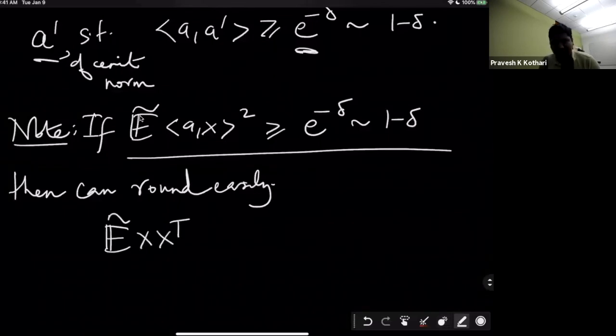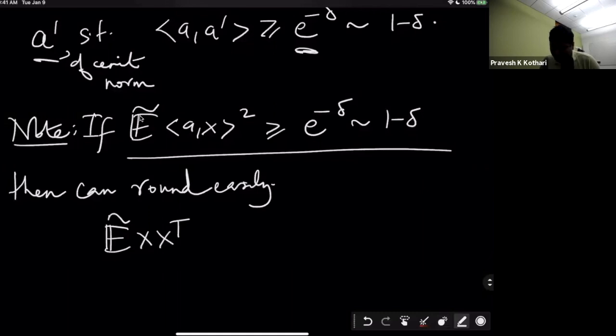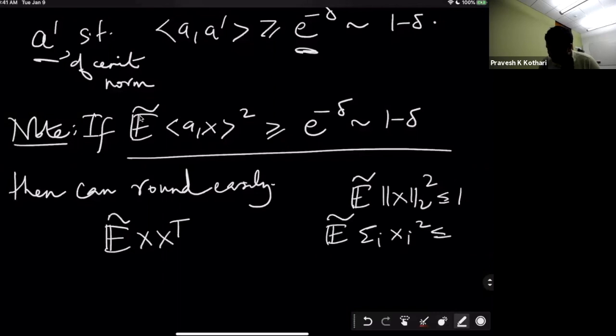Then you know that the pseudo distribution satisfies the constraint that x squared is at most 1, which means I can take expectations of both sides. What does this mean? It means that the sum of xi squared is at most 1.